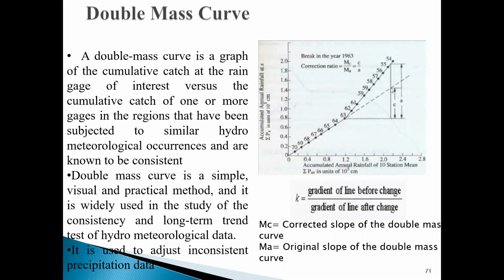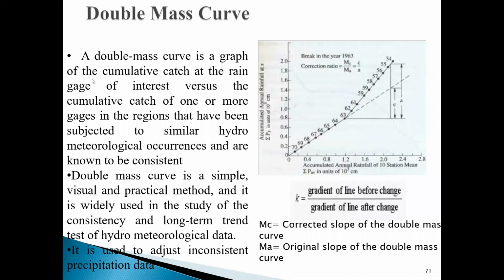And here also, this is the slope of the straight line plot, that is y by x. So you have to consider the ratio of the slopes of the straight line plots. Now we shall discuss how to adjust the record of this particular station to be consistent with the records of the other stations after the change in the environment.